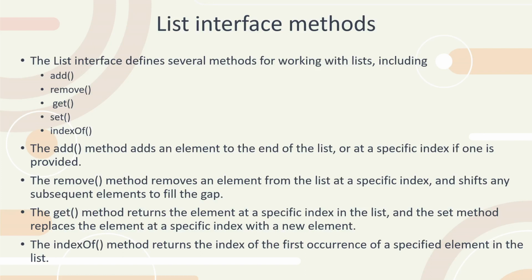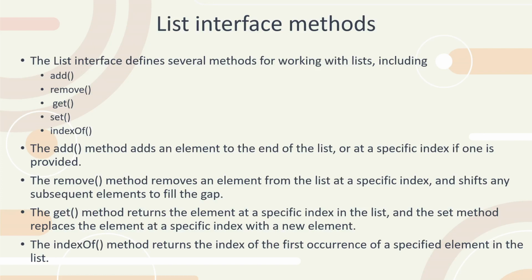So these are completely readable. When we want to add, we can go for the add method. When we want to remove some object, we can go for remove, and when we want to fetch some data, we can go for the get method. If we want to update some value in the list, we can go for set, and if we want to find a specific element's index position, we can go for indexOf.